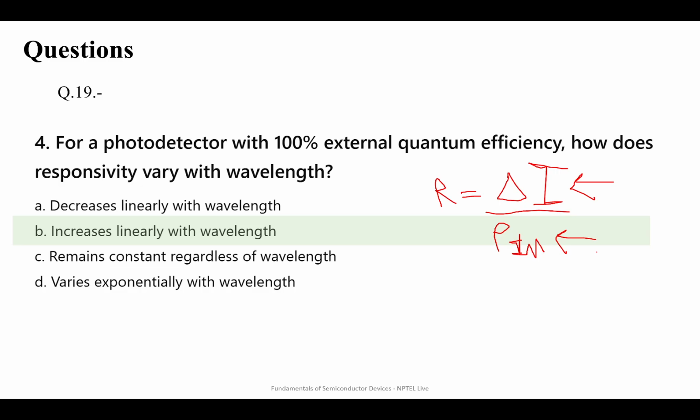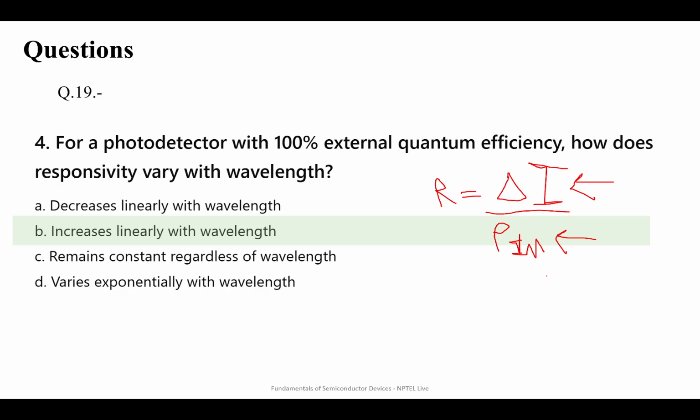Sir, power is in the denominator, so if the power is increased, responsivity will decrease. No, no. If you increase your power, your current change will also increase. I am not changing my power. I am changing the wavelength and keeping the power the same.